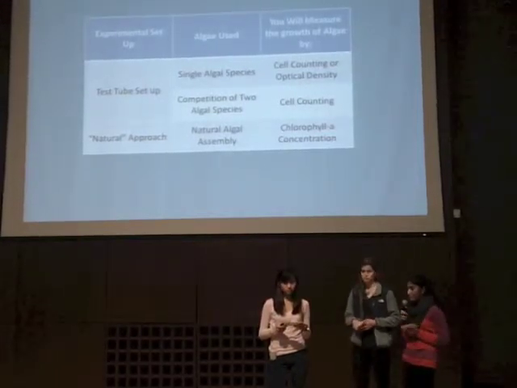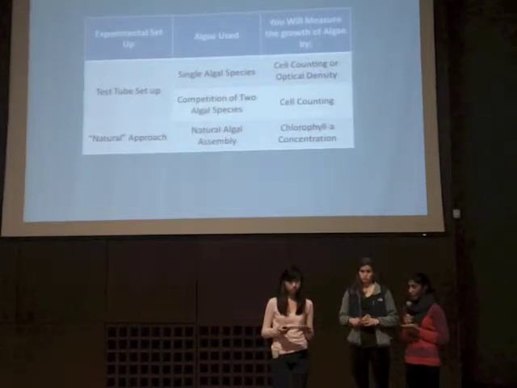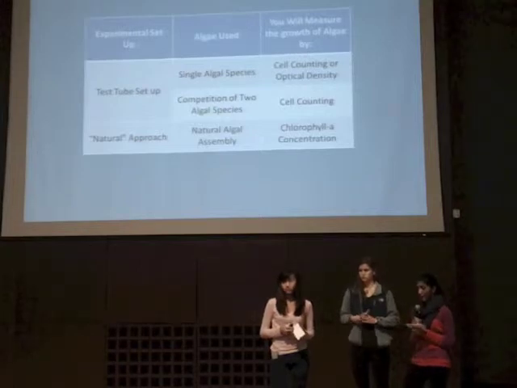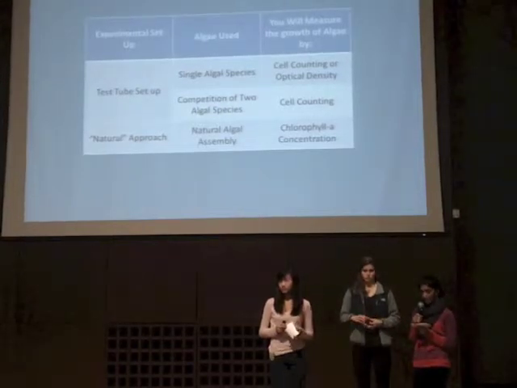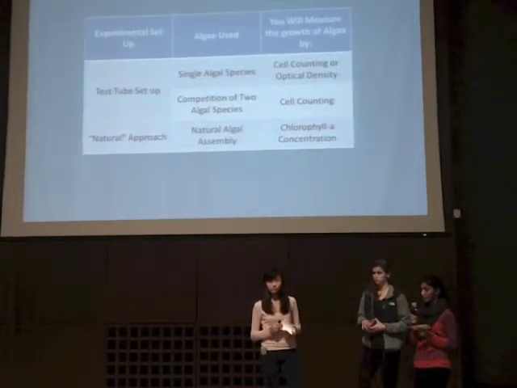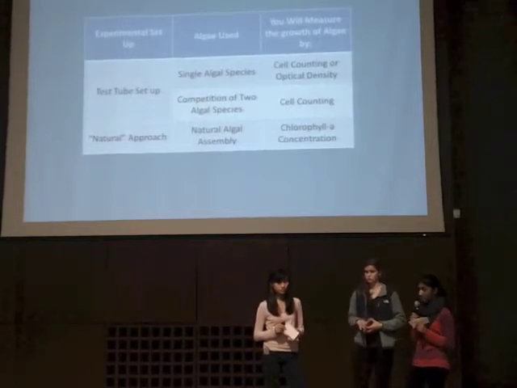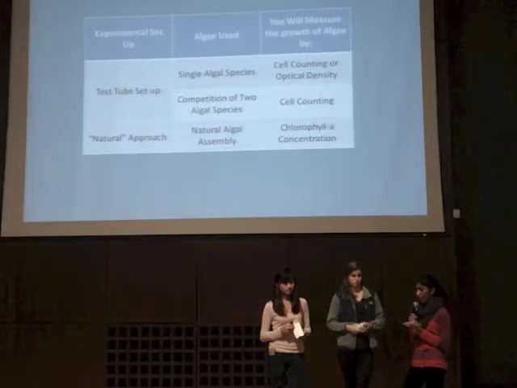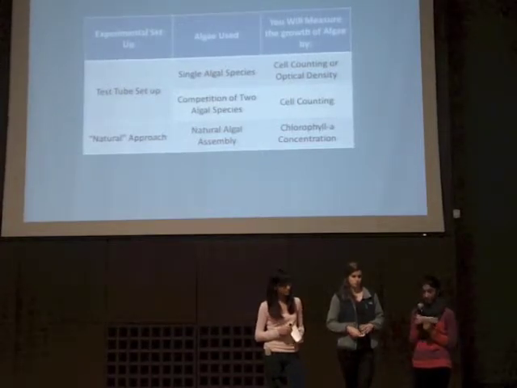There were three basic methods for quantifying the algal growth. The first was cell counting using the hemocytometer. This was significant mainly because it was the only method able to distinguish between two species, and you use this method to examine competition.